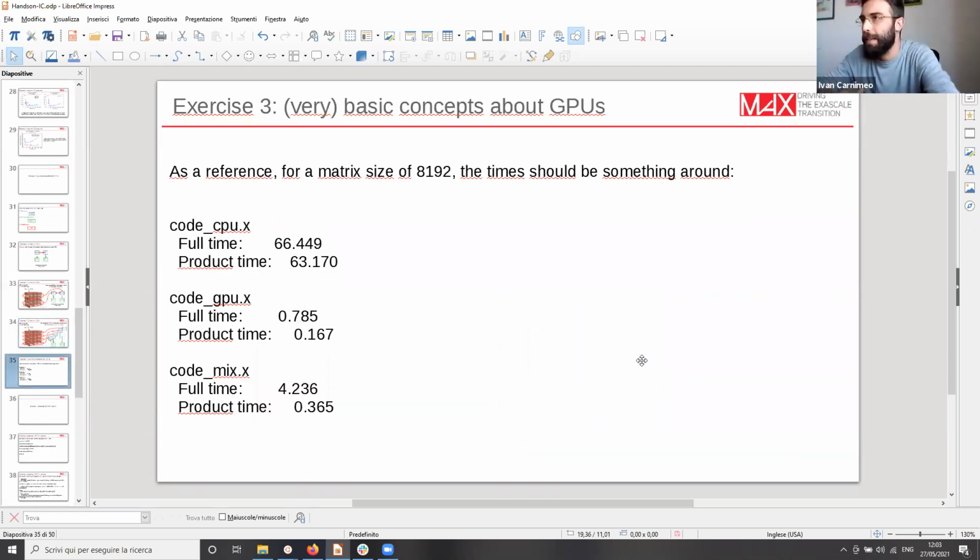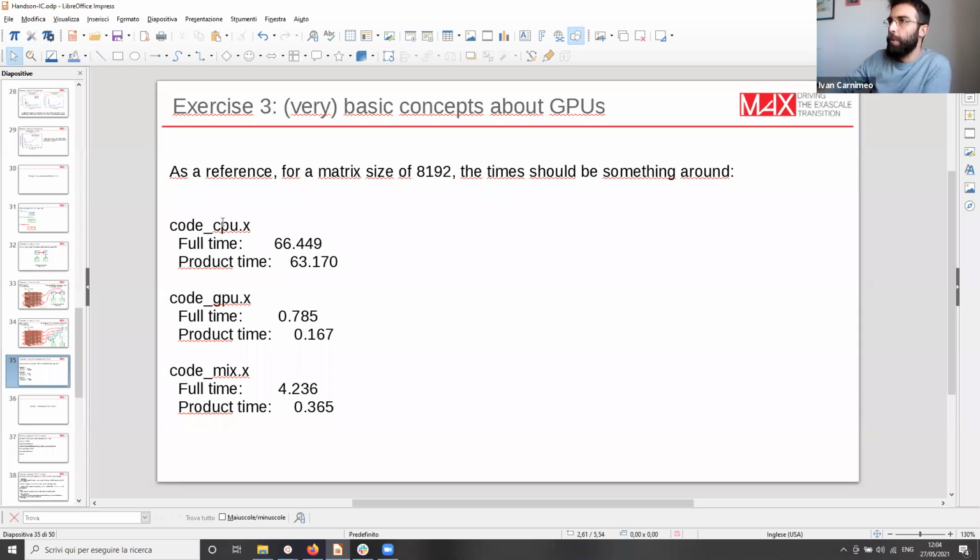Here we have exercise 3, in which I wrote a few pieces of code just to let you know what is happening. But I think that we can go fast here, because maybe it is better to run calculations with GPUs. I will just tell you how it works, because you will find in the folder, if you want to check later on, the 3 Fortran codes, which basically run a DGEMM calculation, so a matrix-matrix product.